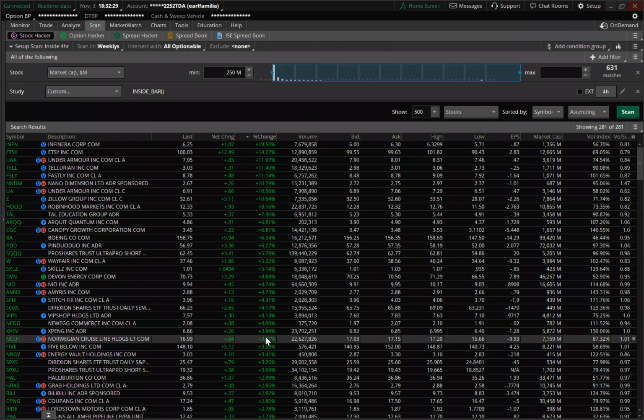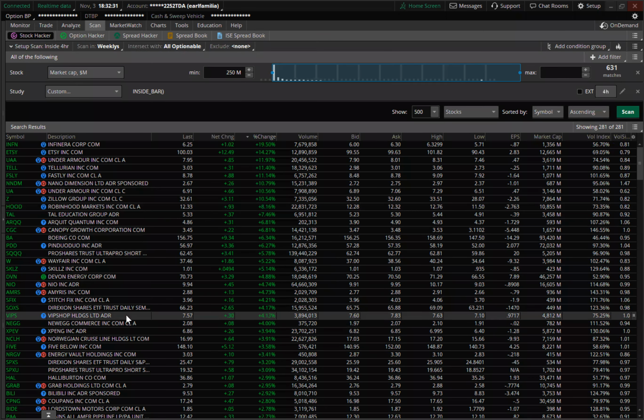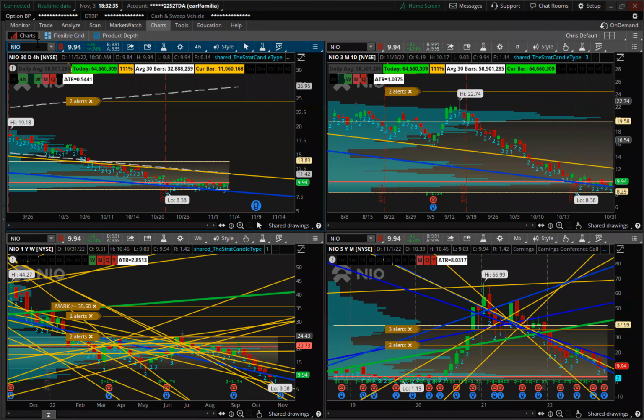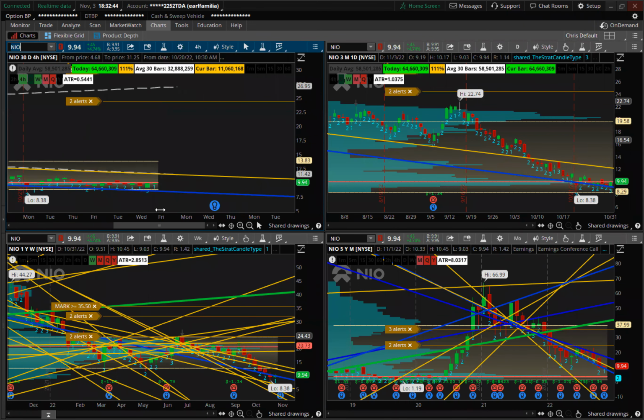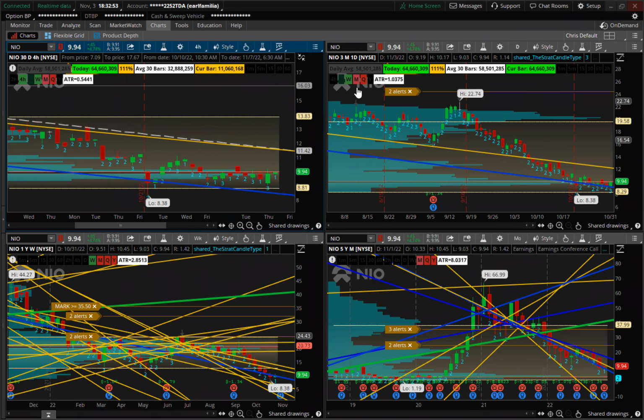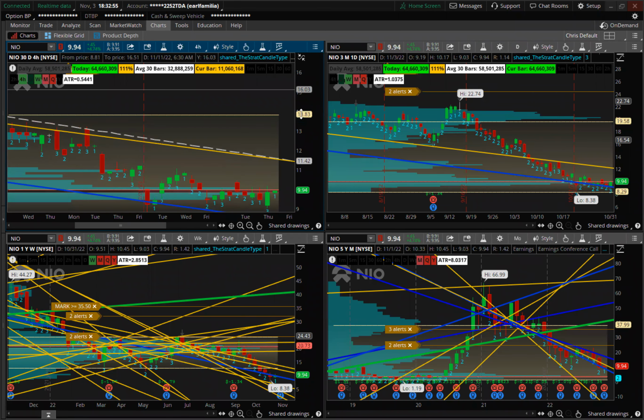Keep scanning through. Got Neo, XPEV, Halliburton. So this is Neo, I'll just talk about it in general though. These are setups that look good in the short interval, but I don't like something that's been trending down over time.